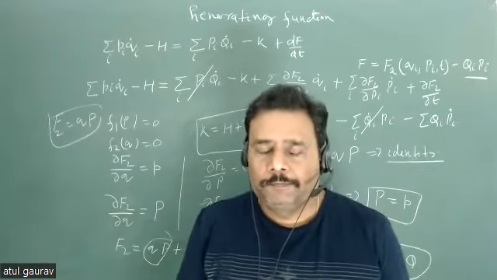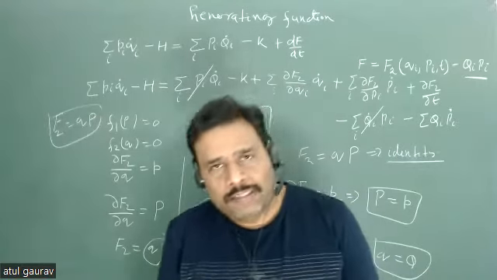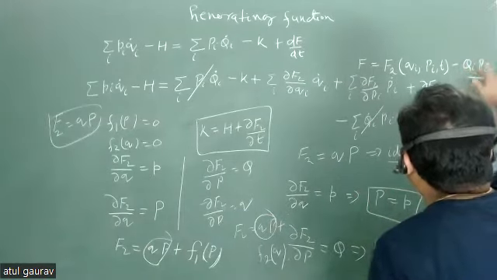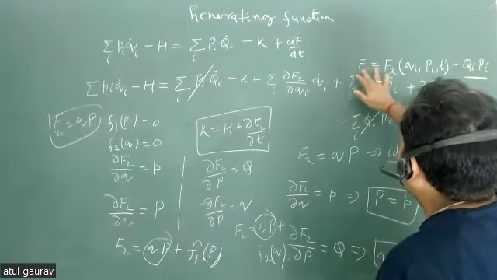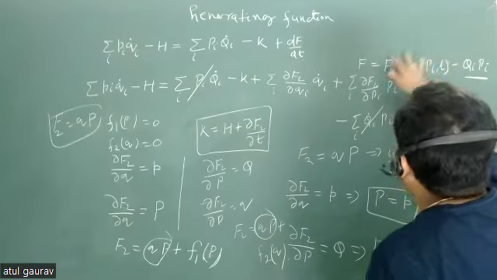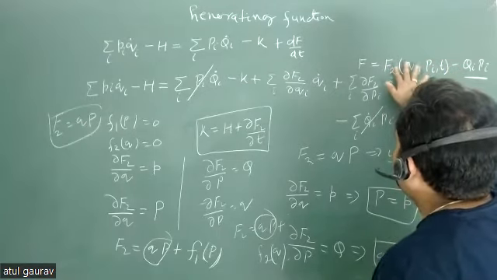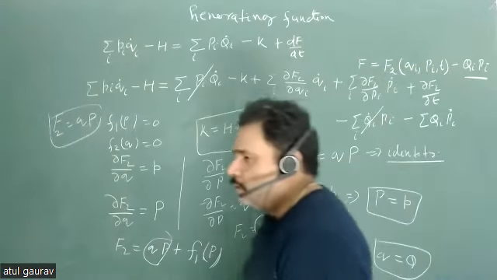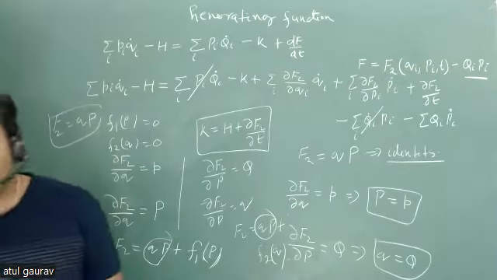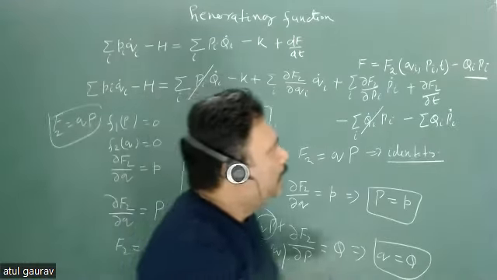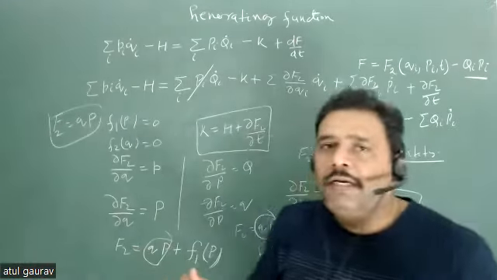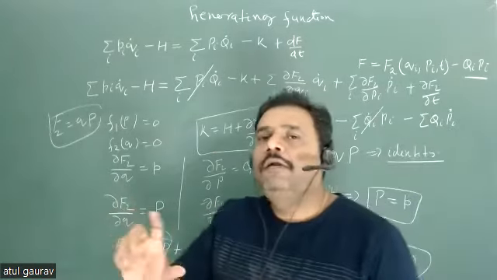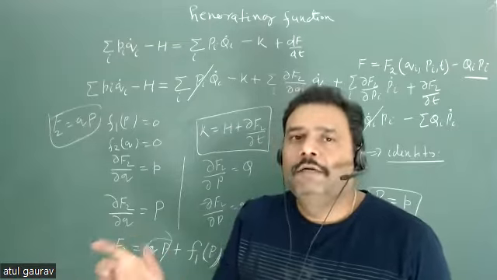The same thing we want here: if we add this, then this F can be treated as a perfect differential. So basically they are dependent on coordinates. Actually, this F is dependent on coordinates. What is the meaning of that?